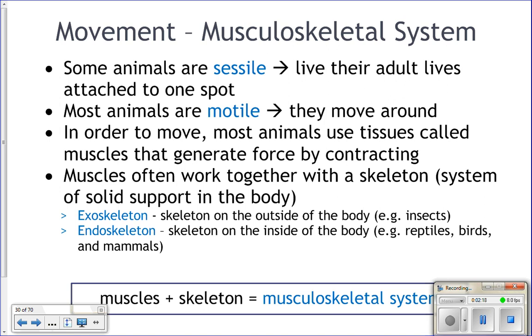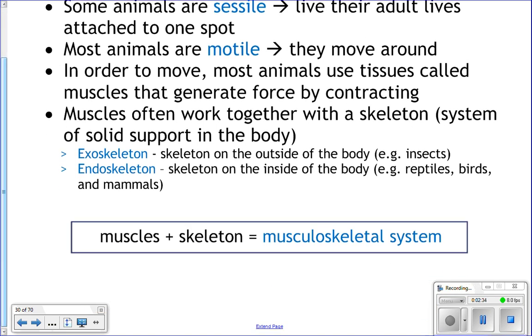An exoskeleton is on the outside of their body, whereas you have an endoskeleton. Your skeleton is on the inside of your body. That's your bones. We refer to both the muscles and the skeleton together, producing movement, as the musculoskeletal system. You'll hear that term several times throughout this course.